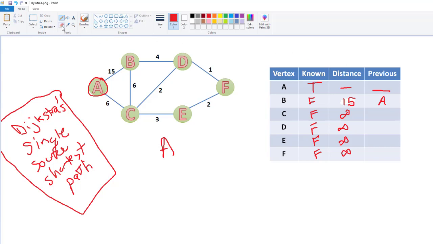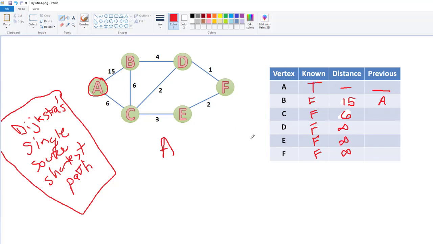Now the other one, C, I know that the 6 that's connecting my C to my A directly is definitely smaller. So I'm going to write a 6 right there. Very good. Now the algorithm continues.